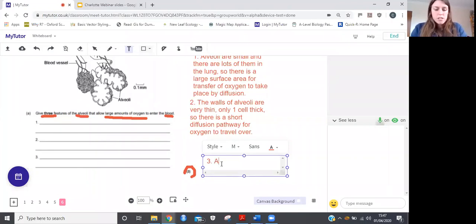Let's write: alveoli are surrounded by capillaries, which carry away oxygenated blood.